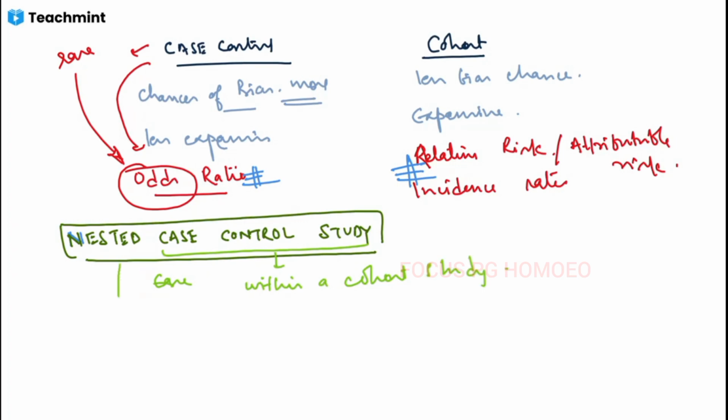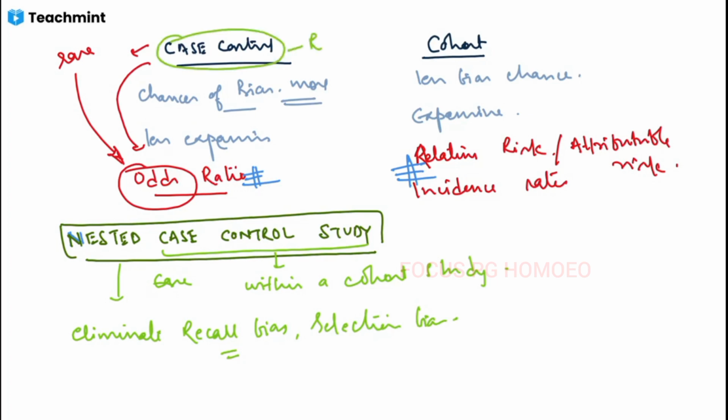It is done to eliminate recall bias, selection bias, etc. Basically, the case control study is prone to recall bias and selection bias.